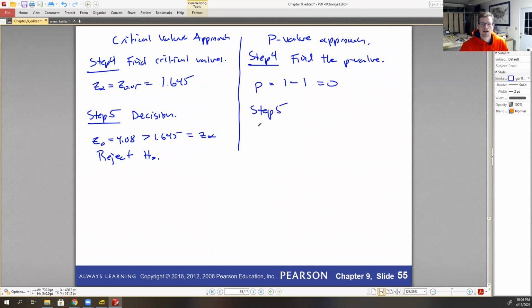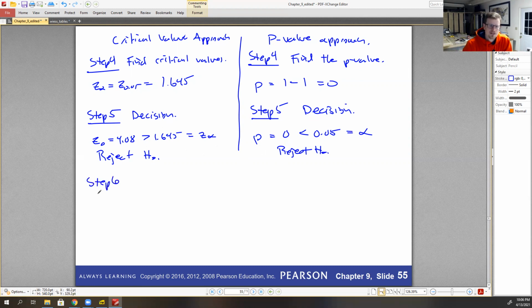So step 5 is again the decision. And we find that p is equal to 0, which is less than 0.05, which is equal to alpha. So p is less than alpha. And whenever p is less than alpha, we decide to reject the null hypothesis. Excellent. So we have the same conclusion.